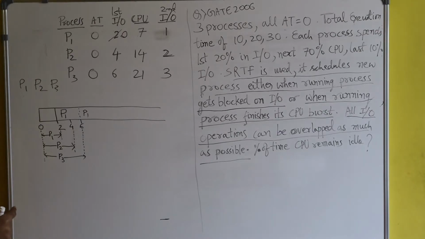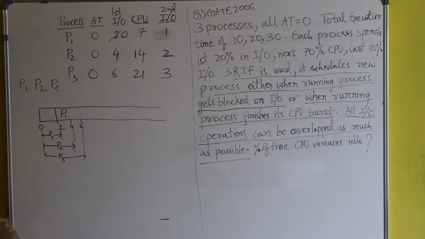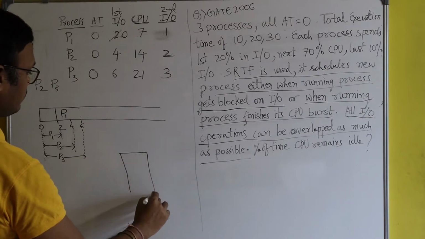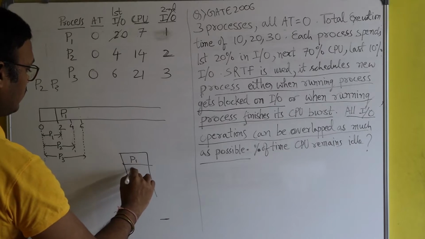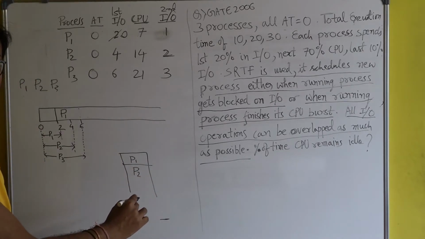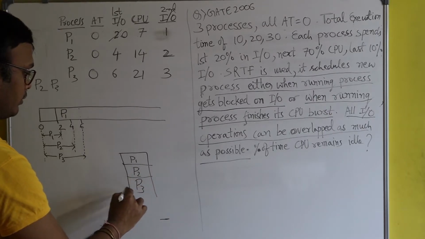What is the reason? In the process state diagram, I told you one important point. Just see, it's the main memory. Here there are 3 processes: process P1, process P2, and process P3.